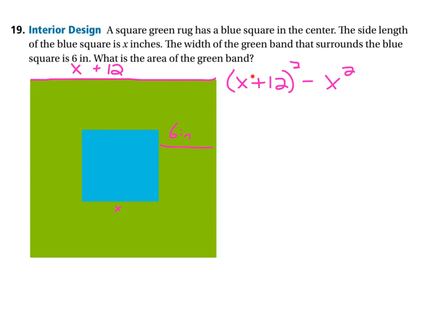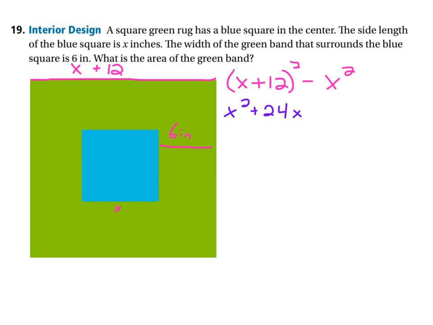When we square a binomial like this, what's our trick? Our trick is this. We square the first term, x squared. We multiply the two terms together, x times 12, 12x, and double it for the middle term, plus 24x. And then we square the final term.